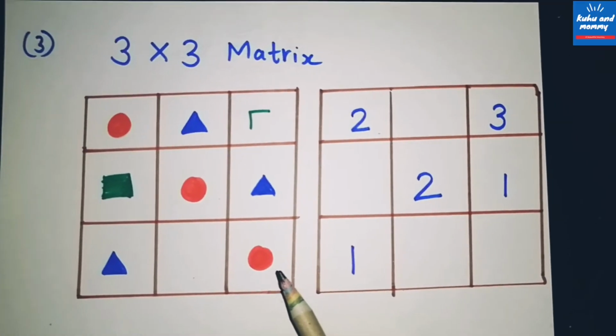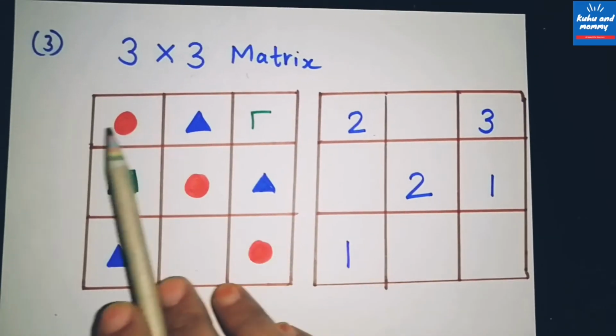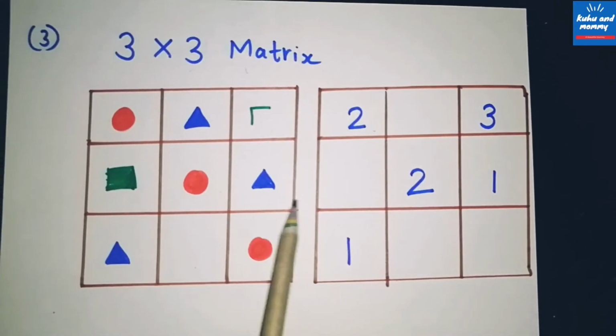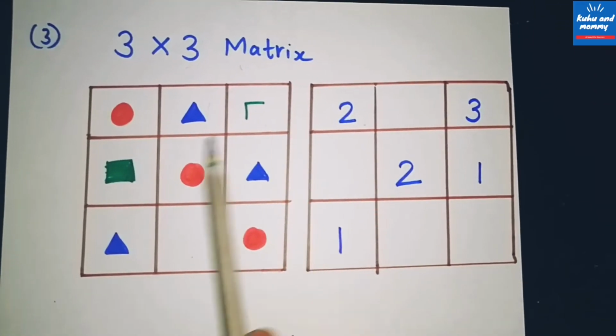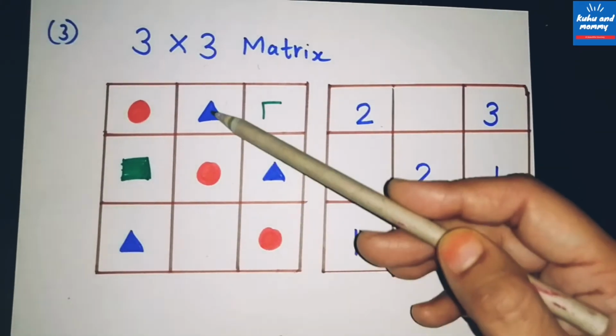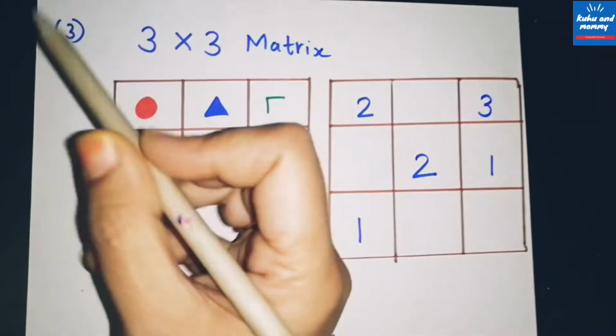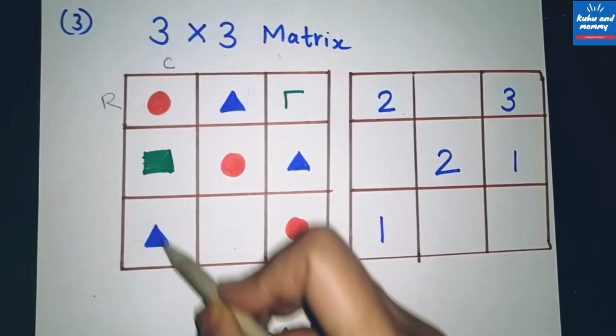In the next step we will teach them about a 3 by 3 matrix. So you have to create 3 rows and 3 columns. This line is called a row, and these vertical lines are columns. These are rows and these are columns.